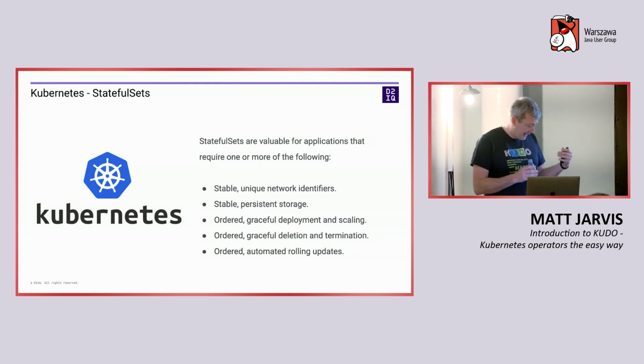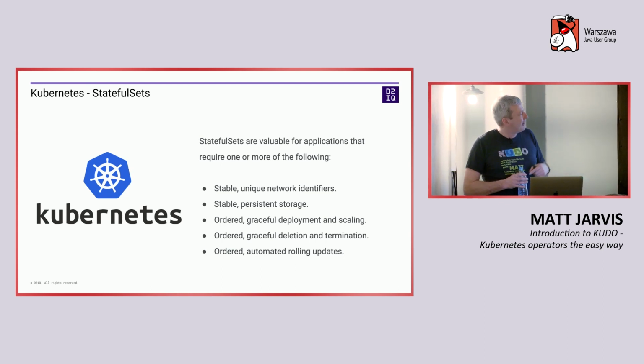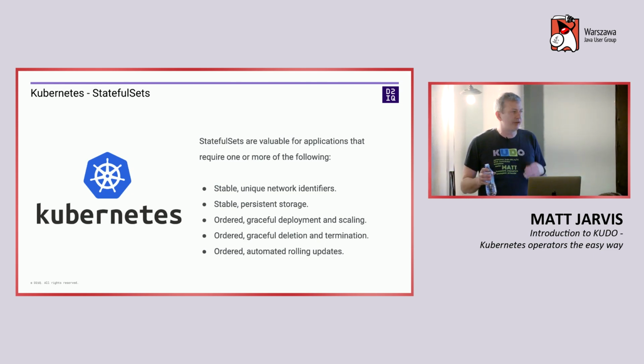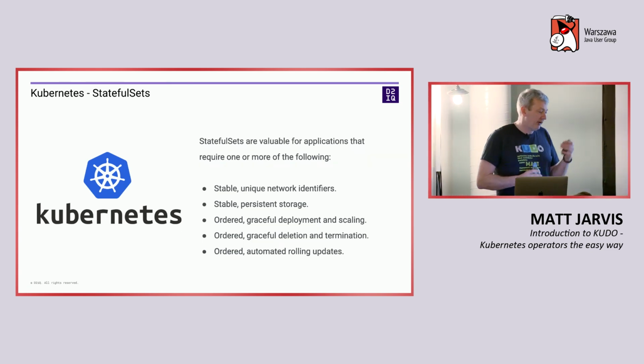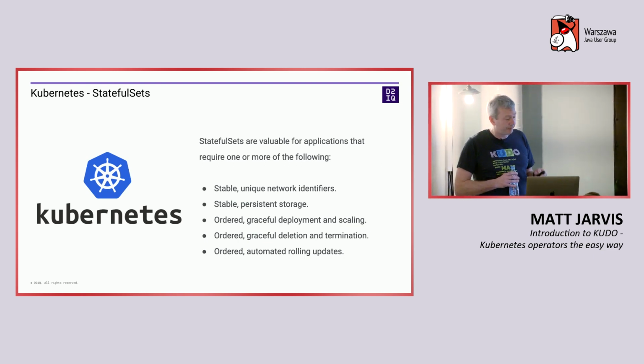And that adds some of these concepts of stable network and storage. But it doesn't actually solve all of our problems, because Kubernetes still doesn't know what's going on inside those pods within a stateful set. It's by nature a fairly generic, fairly coarse approach.